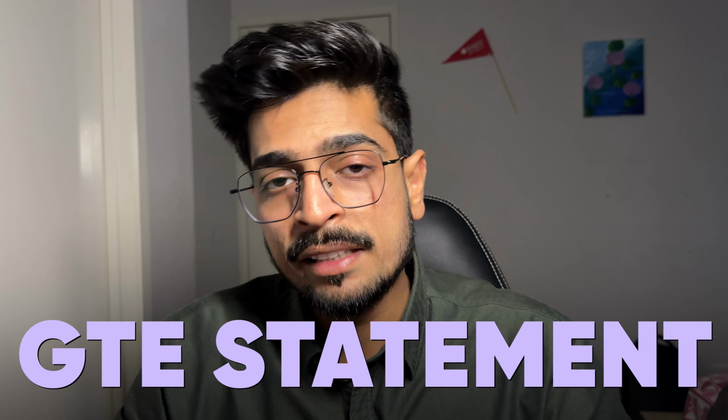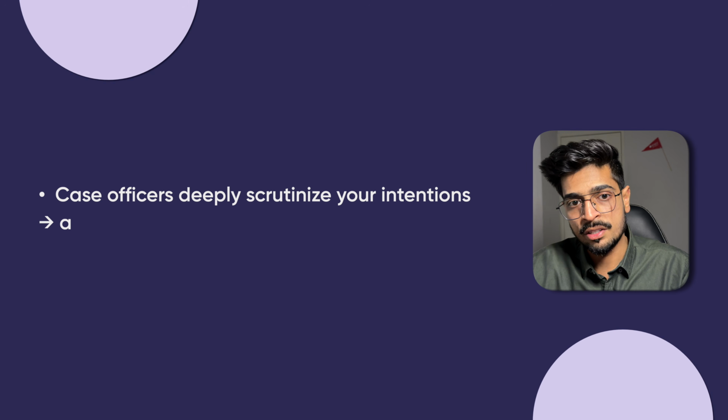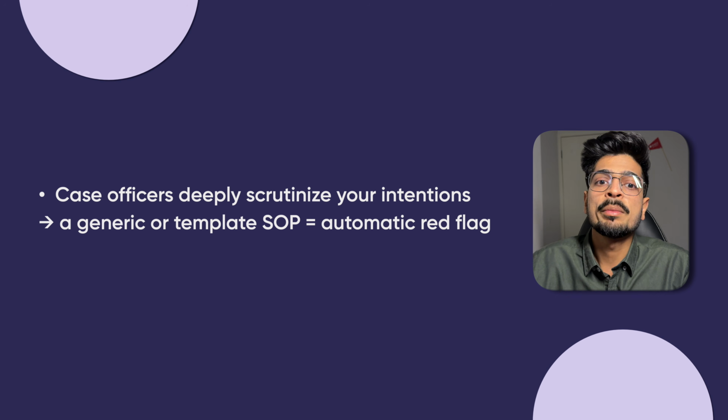Now let's talk about what mistakes are actually getting visas rejected. Okay, so the first mistake is a weak and cloned GTE statement. This genuine student test, the GTE or GST, whatever you call it these days, could be weak and it could be cloned as well. Yes, people do copy them. Case officers deeply scrutinize your intentions, which means a generic, template SOP is not a great thing to have, but students still do have it these days, and it means an automatic red flag for your visa, obviously.